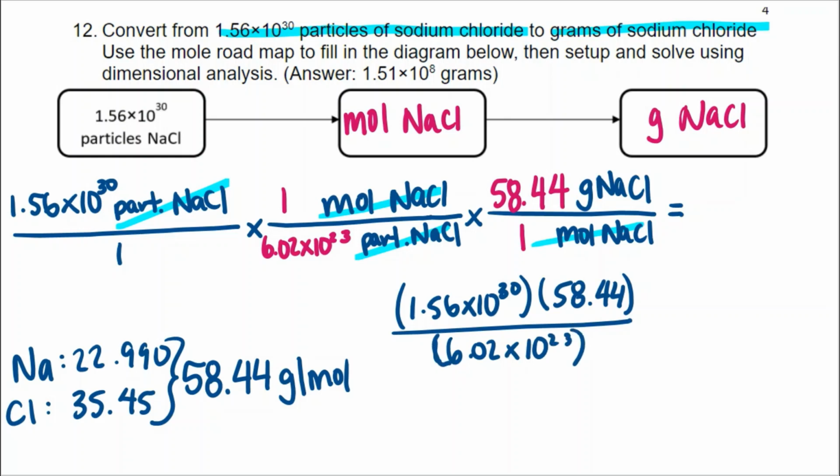Remember that for numbers in scientific notation, you should put parentheses around them. Your calculator doesn't understand order of operations, so if you're not careful in how you type it, you might get the wrong answer. But when I type this all in and solve, I get 1.51 times 10 to the 8 grams of NaCl.